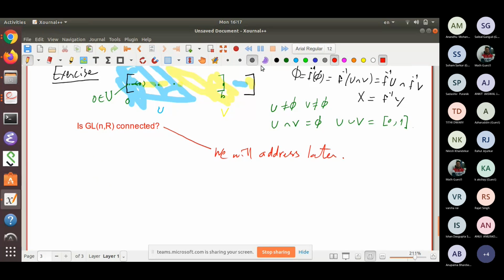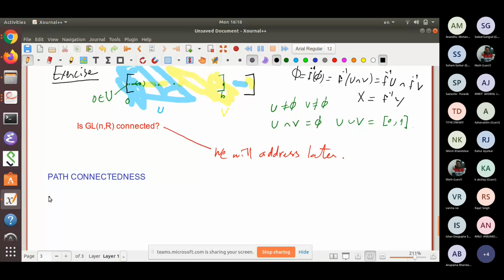Instead, now I want to introduce another notion, and that's called path connectedness. Let me type this. The idea behind path connectedness is very nice.